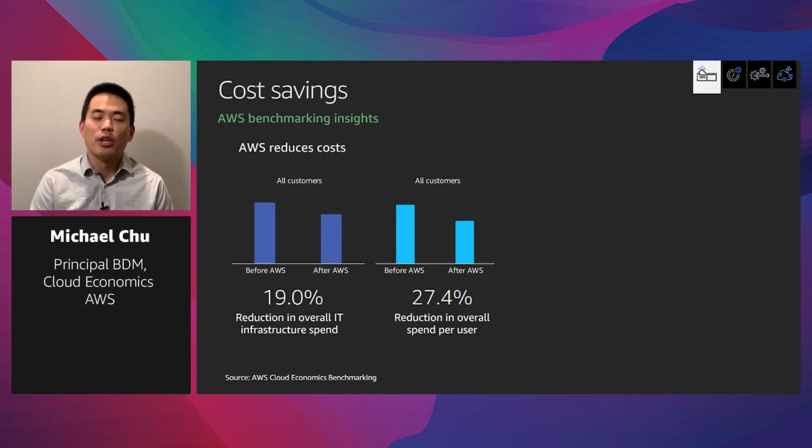So let's look back at benchmarking data. As a refresher, this comes from 1,500 AWS customers, and we looked at their metrics before versus after migration to AWS. Overall, for the 1,500 data set, there was a 19% reduction in IT infrastructure spend as a percent of IT spend. When we normalize per user, the IT infrastructure cost per user dropped more than 27.4% after migration.